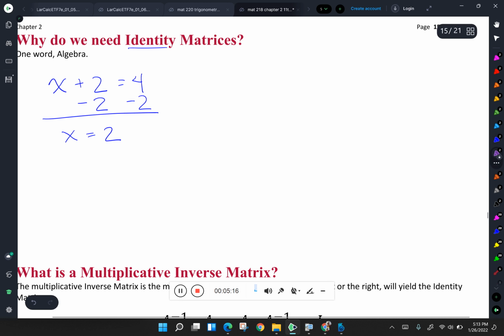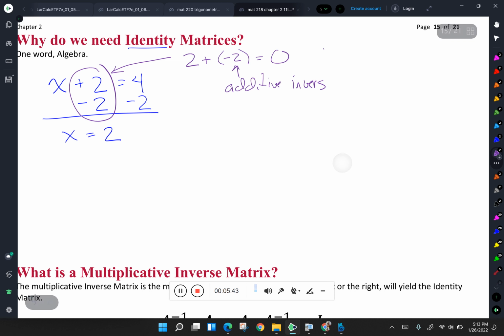Because these two numbers right here are opposites, and when added together, we arrive at that additive identity. So the negative 2 here is the additive inverse, and when you take a number and add it to its additive inverse, you get the additive identity, which is what we want because we want to isolate x, and x plus 0 is just x, which is why this works.